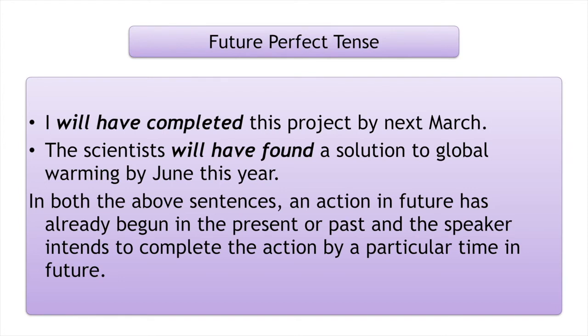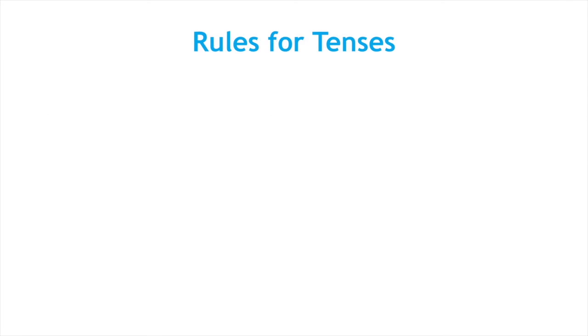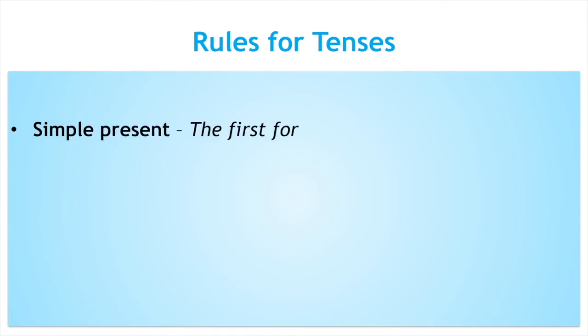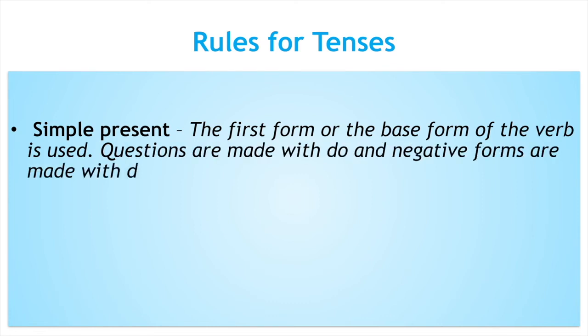Now that we have understood the functions of tenses, let us just look at the rules for tenses. In order to understand or use simple present tense, we must know that the first form or the base form of the verb is used. Questions are made with do and negative forms are made with do not.